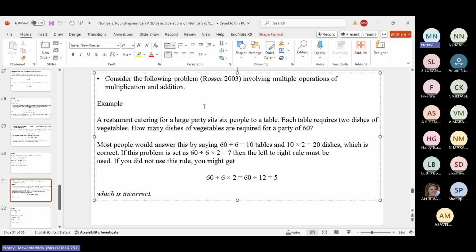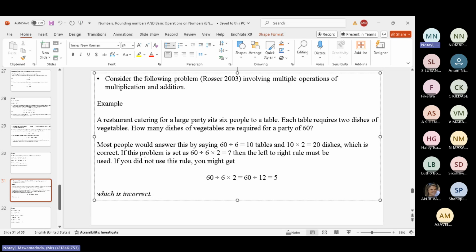Each table requires 2 dishes of vegetables. How many dishes of vegetables are required for a party of 60? Most people would answer this by saying 60 divided by 6, which is equal to 10 tables, and 10 multiplied by 2 is equal to 20 dishes.